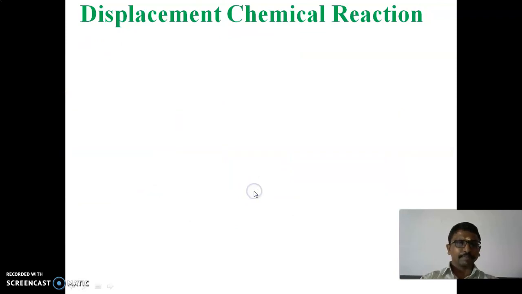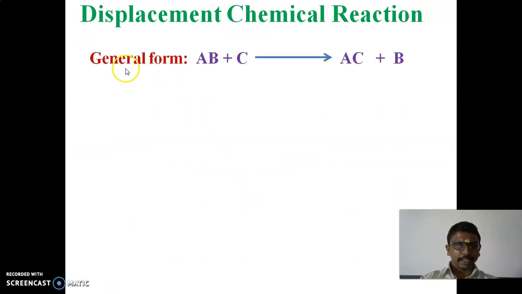Now we will see the general form of the displacement chemical reaction. Consider a compound AB. We compare it with Brad and Jennifer. So we have AB plus C, where C is Angelina.